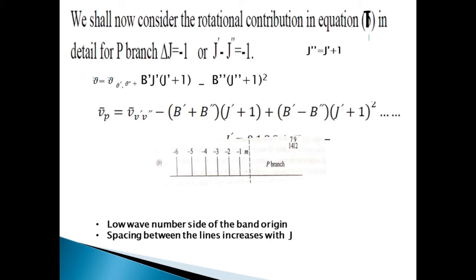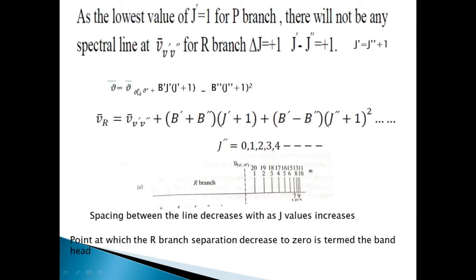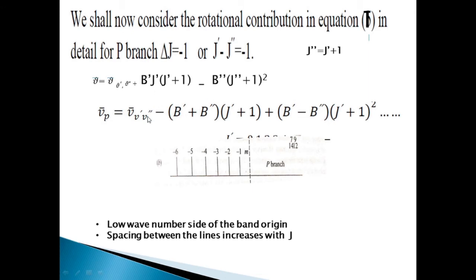If delta J is equal to minus 1, it means J prime minus J double prime is equal to minus 1. So in this equation, wherever we have J double prime, we insert J prime plus 1, then the equation becomes this, which corresponds to the P branch.